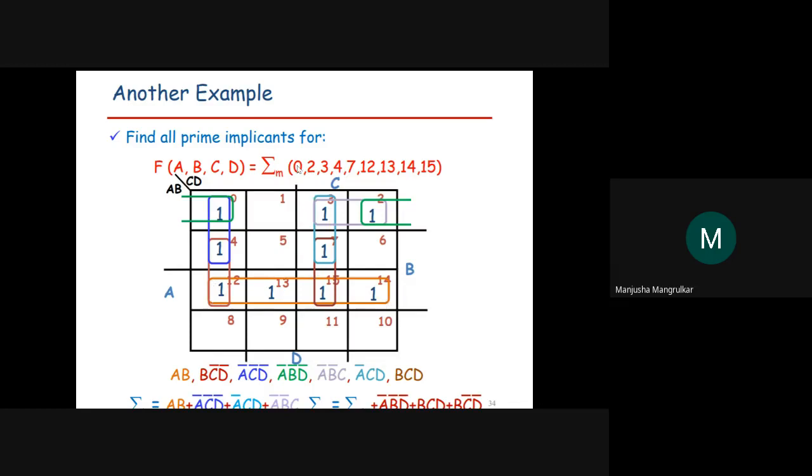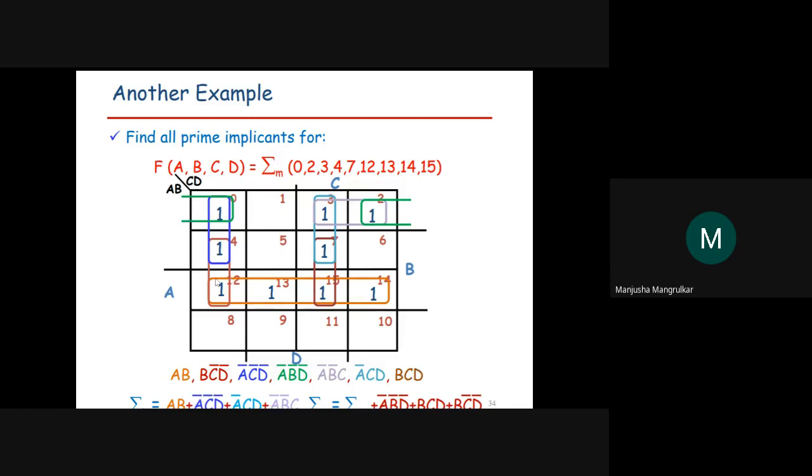Suppose the function is 0 2 3 4 7 12 13 14 15. We put all these terms and can do the grouping. Here there is a 4 ka grouping and here a 2 ka grouping, so there is no need to do this green and this purple group. If all the ones are covered, there is no need to do that. This just shows how many groupings we can do.